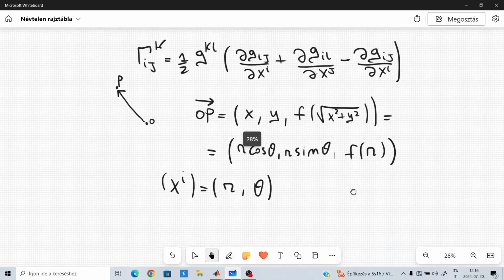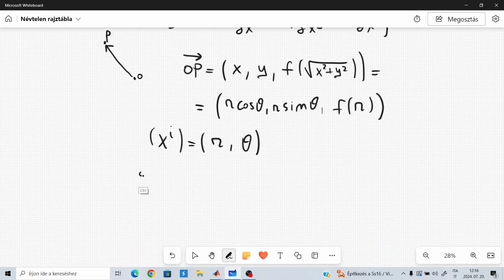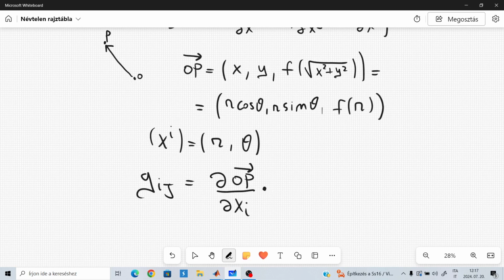And basically we can calculate the elements of the metric tensor g_ij. For example, we can compute them like this: partial derivatives of the vector OP with respect to x^i, and then we take the dot product with the partial derivative of OP with respect to x^j.